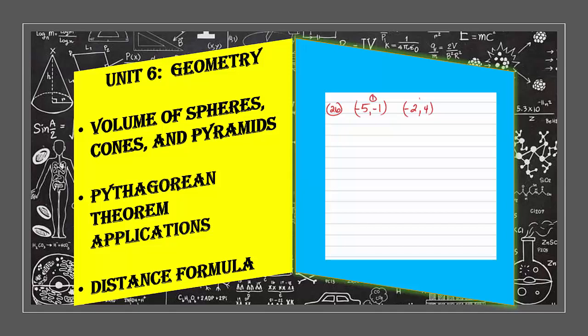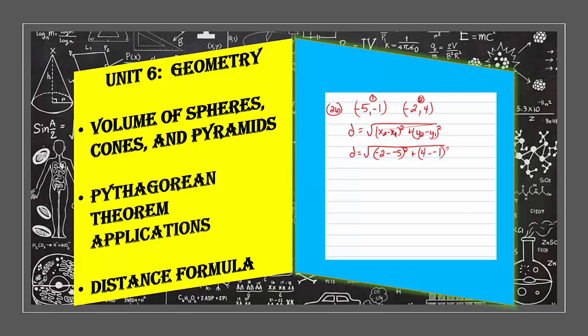Again, I'm going to have ordered pair 1 and ordered pair 2, where D is equal to square root of (x2 minus x1) squared plus (y2 minus y1) squared, where we plug in our values. D is equal to the square root of (-2 minus -5) plus (4 minus -1).